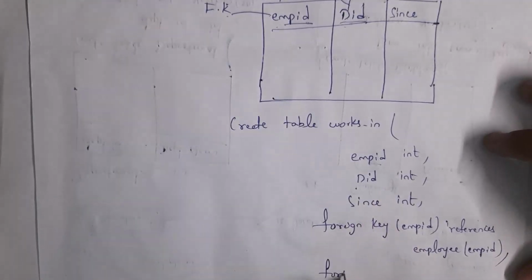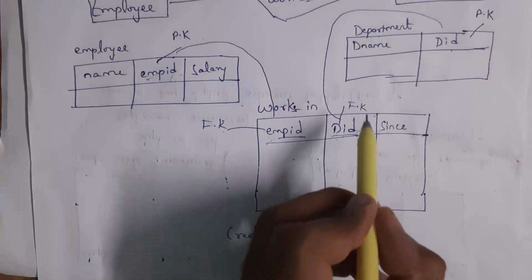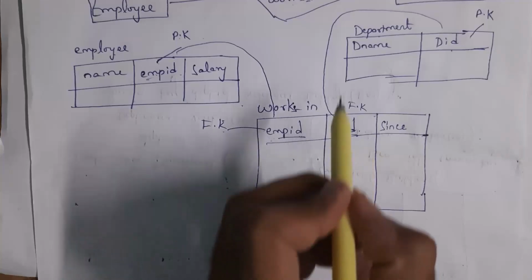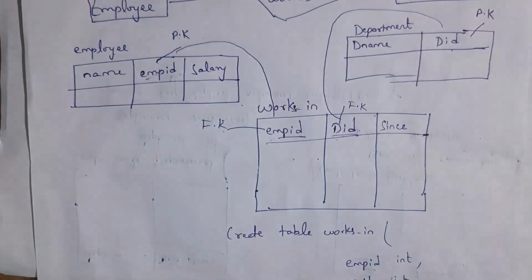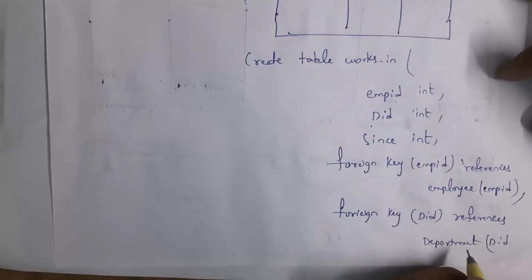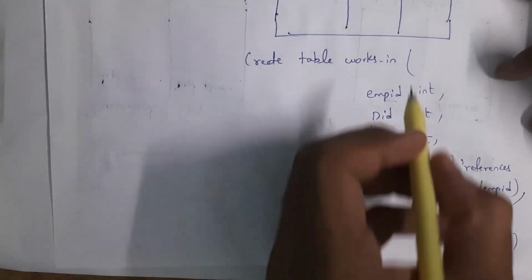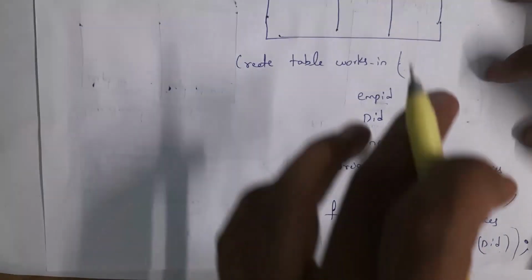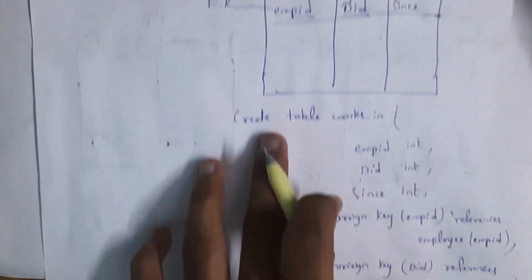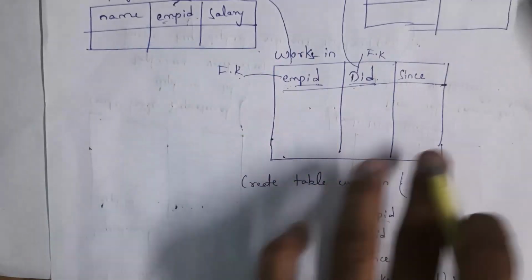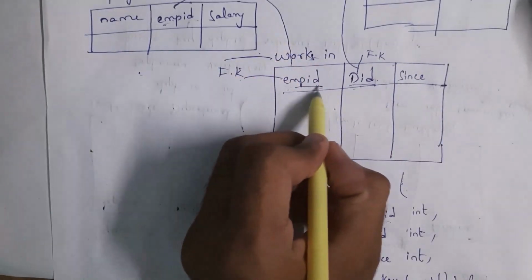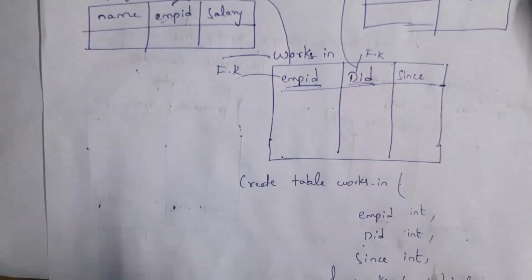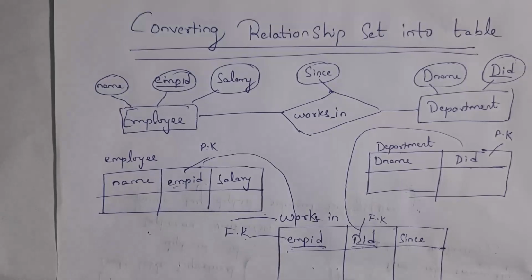So again foreign key, column name, that is DID, references. This foreign key column, that is DID, is connected to the department table's DID column. So write here references the department table, DID column. I open this main bracket. Now close this main bracket and give a semicolon. Whenever I run this entire code, it will create this works in table. Now in this table, the employee ID and DID columns are foreign keys. This is how we convert a relationship set into a table.